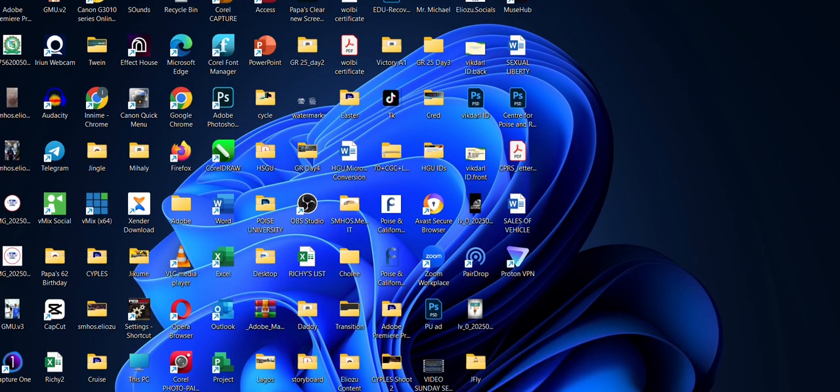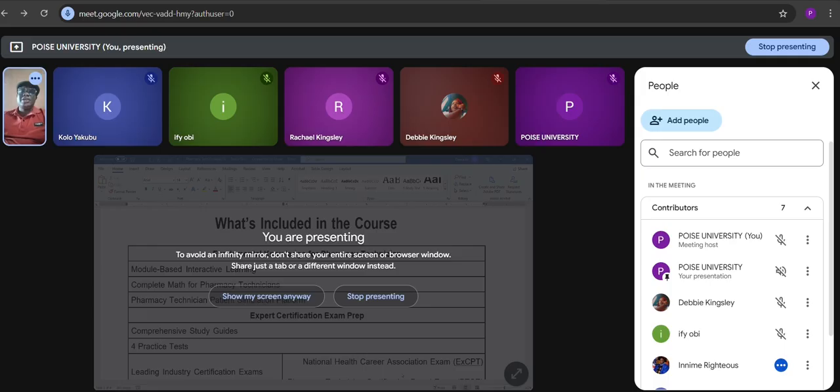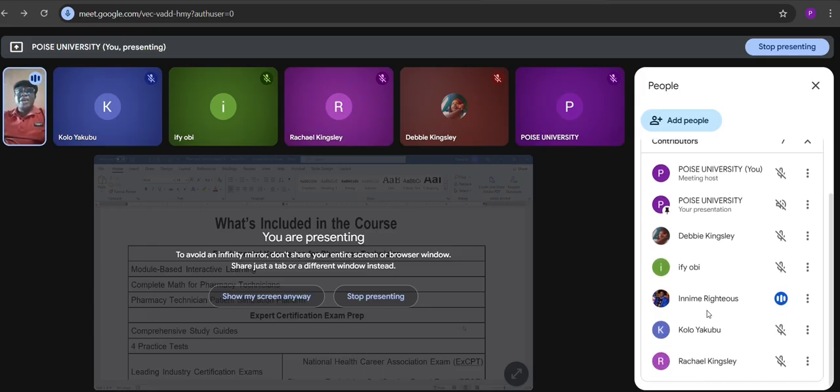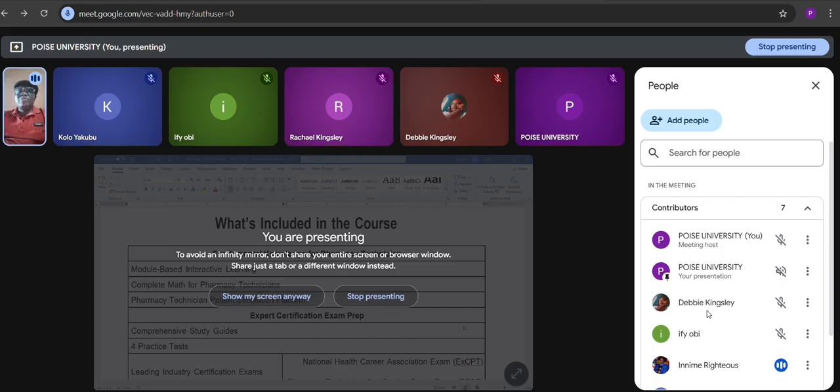You work under the supervision of a graduate pharmacist. You are a middleman pharmacist, someone that has learned it or even gone to school, but is not a degree holder. So the degree holder will supervise you wherever you are working.